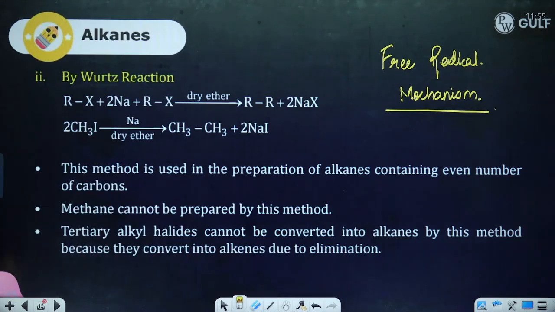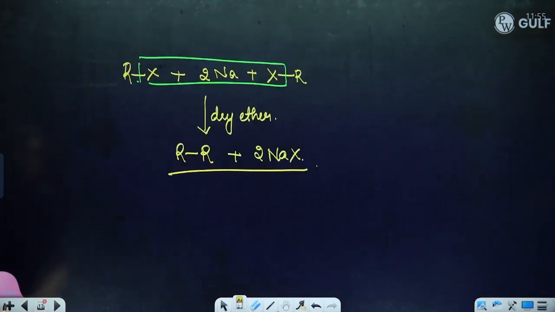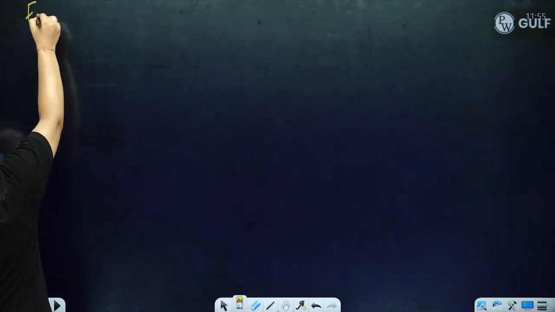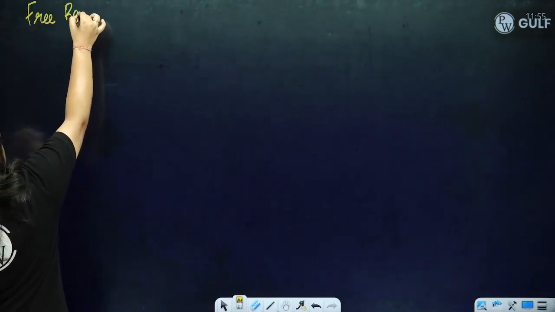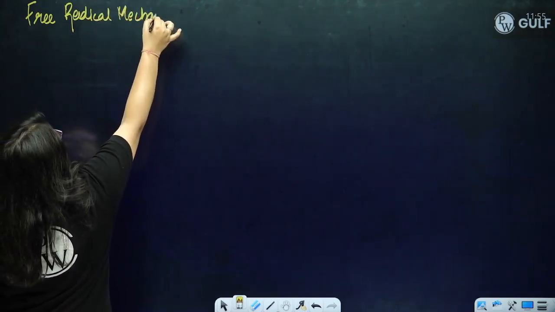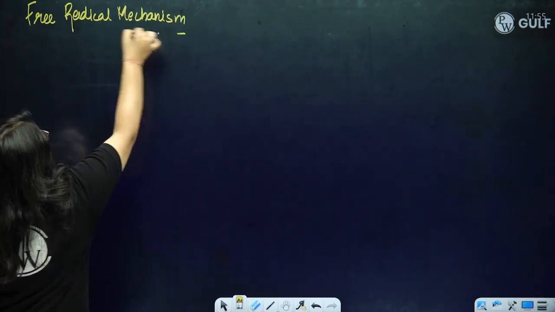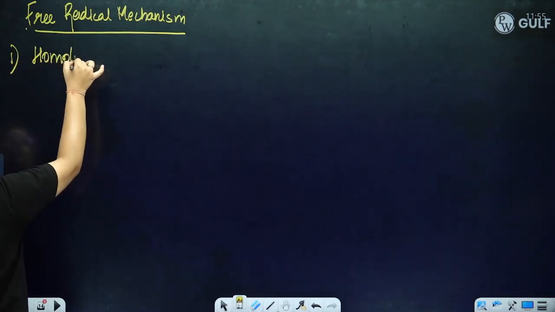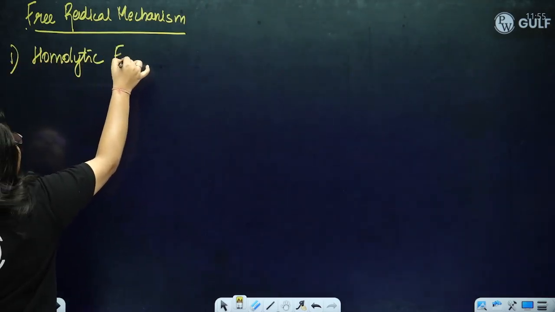This free radical mechanism takes place in three steps. The first step is homolytic fission.